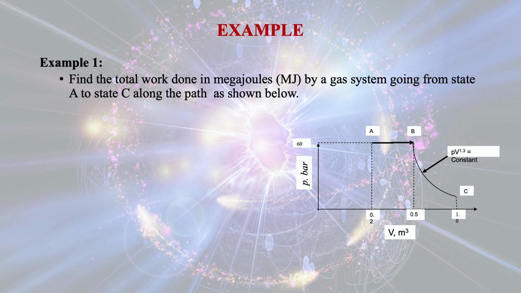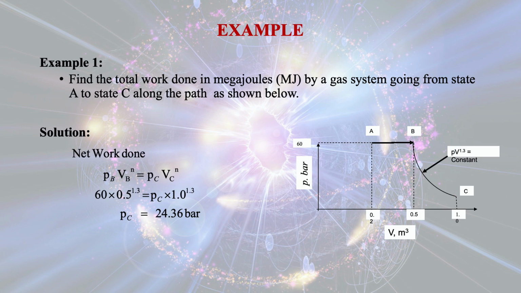Now from B to C, at point B the volume is given, 0.5 meter cube, and at point C the volume is also given, but the pressure at C is not given. Now let us see how we can calculate the pressure at point C. If you want to calculate the pressure at point C, we can use the polytropic equation, that is PB VB to the power n is equal to PC VC to the power n.